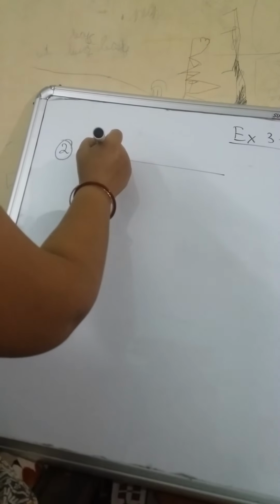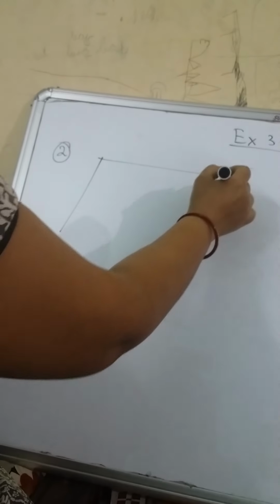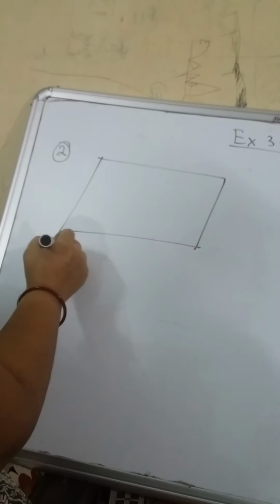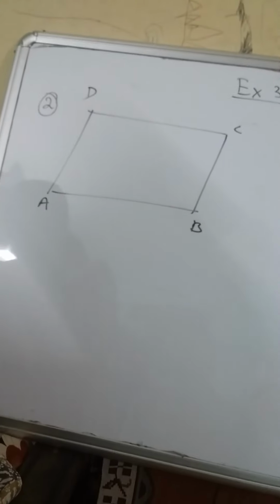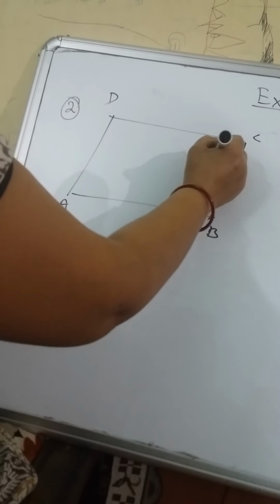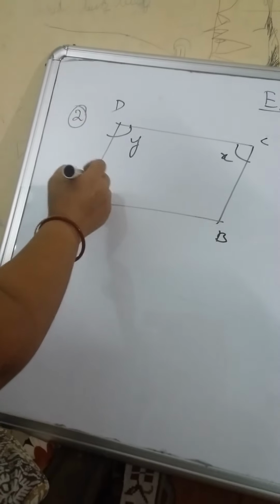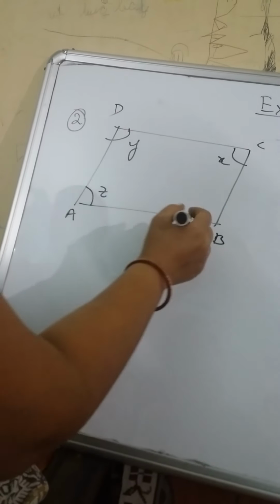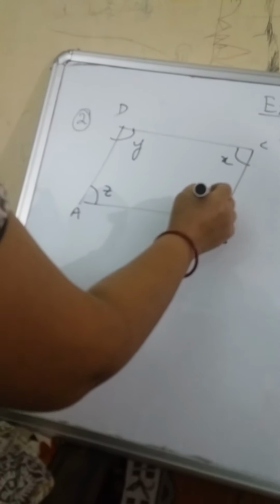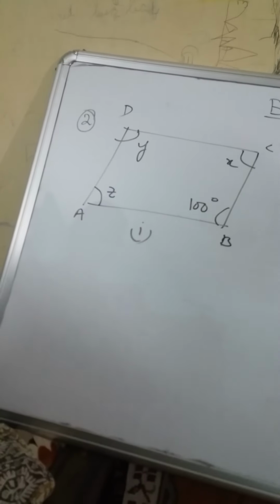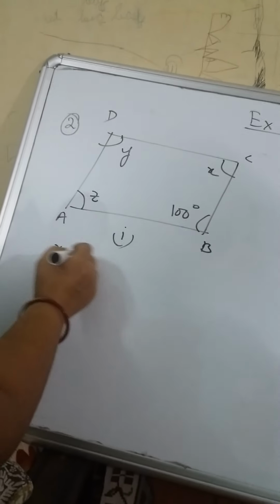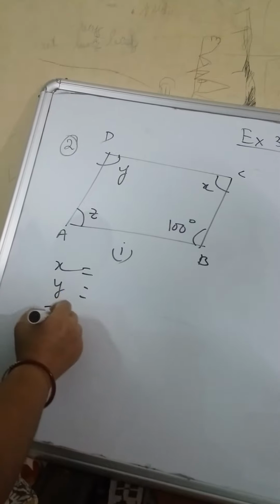Now the first one is this, ABCD. This one is x, this one is y, this one is z, and this is given as 100 degrees.